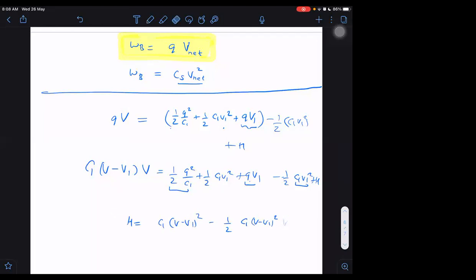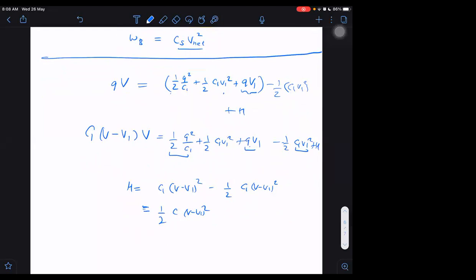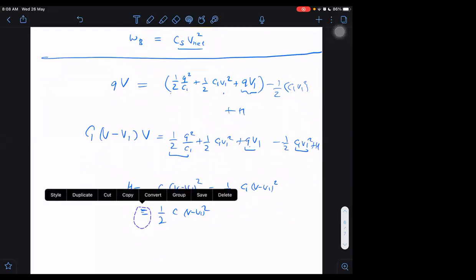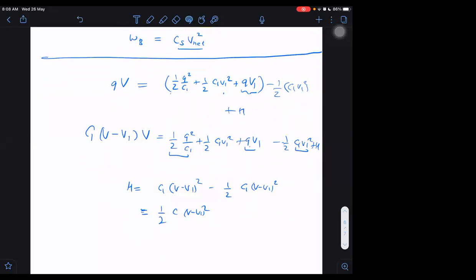No V square, sir. That will be half of C into V minus V1 square only.